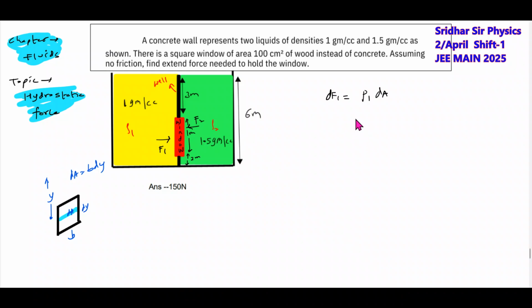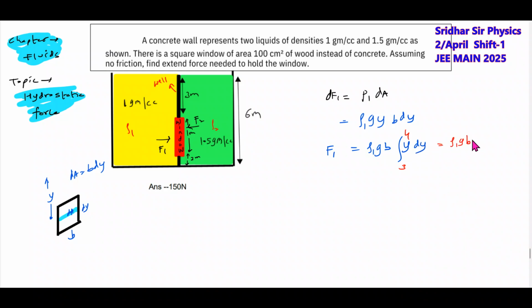What is the pressure at a depth y? It is rho 1 g y, so the force is rho 1 g y into B into dy. So what should be the force F1? The limits should be 3 to 4 meter. Why 3 to 4? Because the window is present at a depth from 3 meter to 4 meter. This will be the generalized formula.